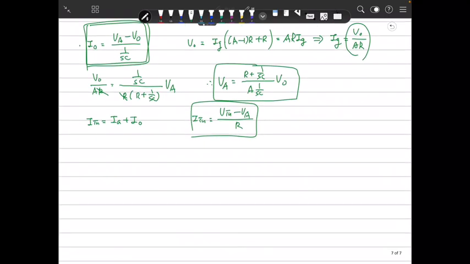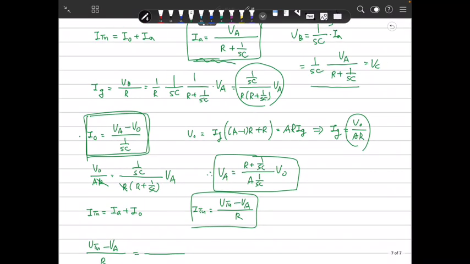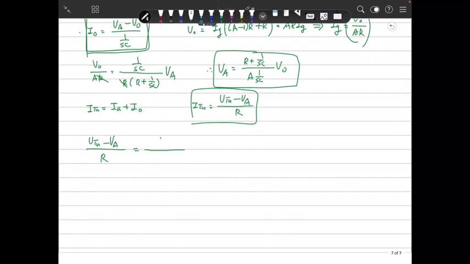So inserting the variables, (V in minus VA) over R equals IA, this is 1 over (R plus 1 over SC) times VA, plus IO, this is IO, (VA minus V out) over 1 over SC.